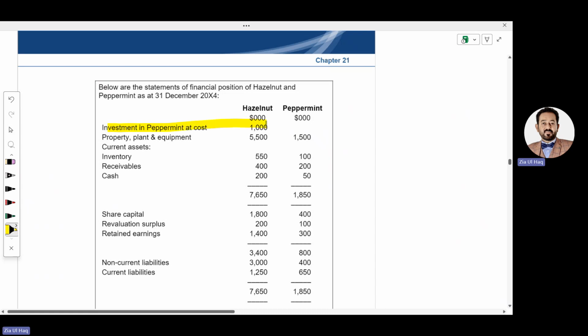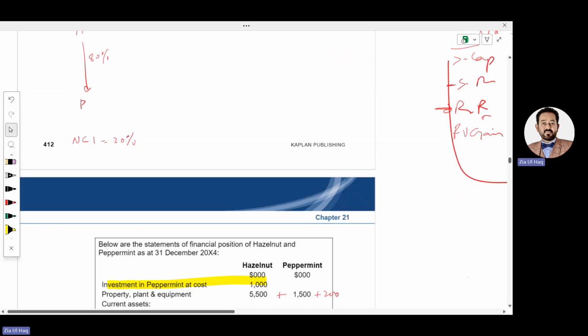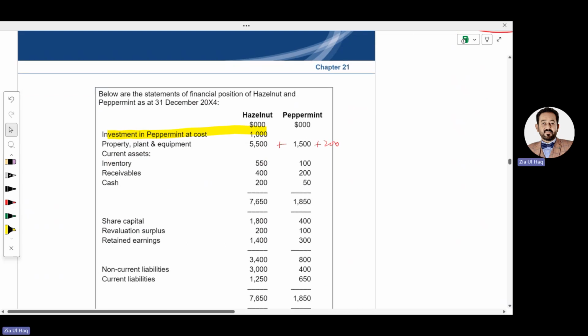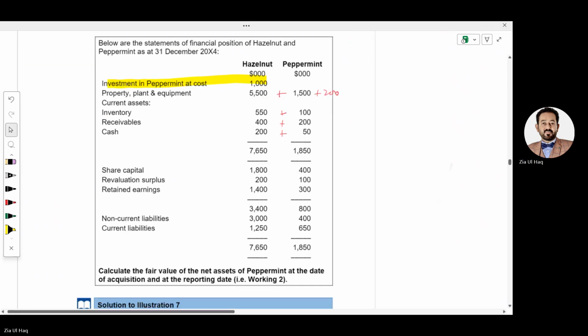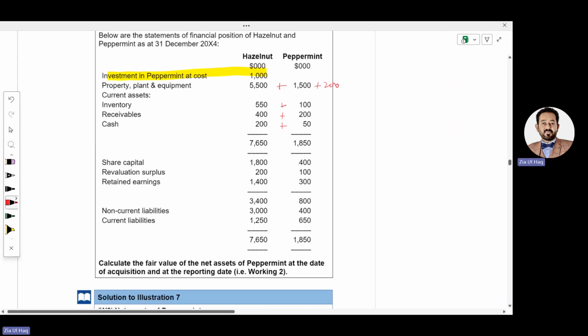Instead of this, we will mention the goodwill amount. For property, plant and equipment, we need to add the 200 fair value gain here. For inventory, we will simply add. For receivables, we will simply add. For cash, we will simply add. For share capital, we will ignore these figures, but they will be used to calculate net assets.